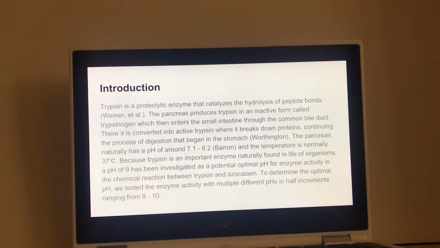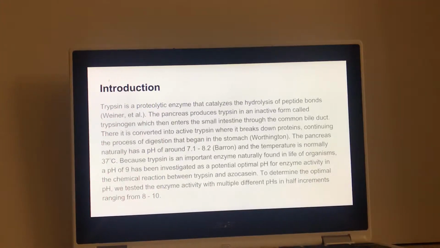We hypothesize that the optimal environmental conditions for maximum trypsin activity would be a pH of 9 and an incubation of 57 degrees Celsius, to show how trypsin was affected by pH changes.